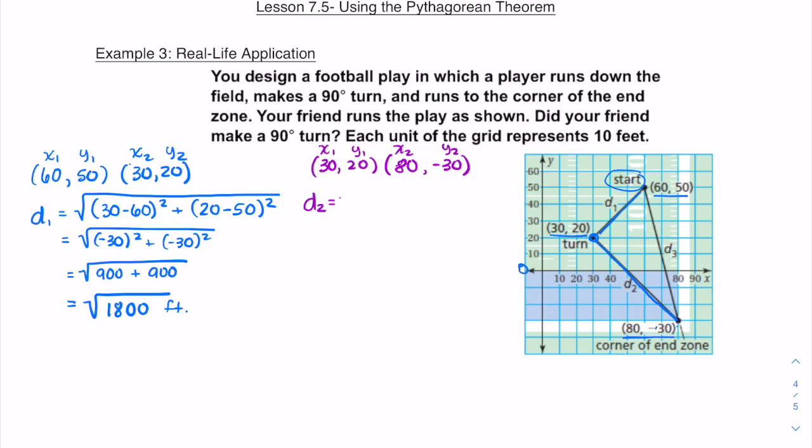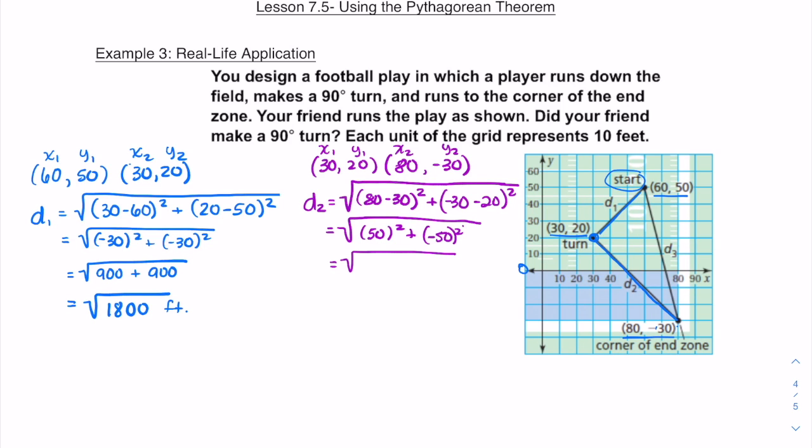D2 equals, I'm going to do 80 minus 30 squared plus negative 30 minus 20 squared. Again, 80 menos 30, you're going to have 50 squared. Negative 30 minus 20, you're going to have a negative 50 squared.